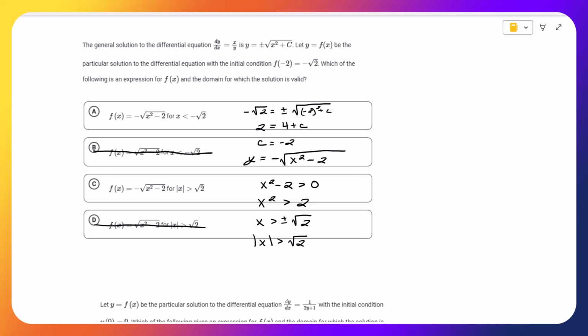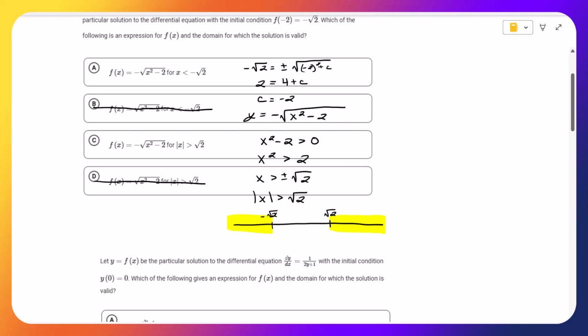However, if I draw that on a number line, we have negative square root of 2, positive square root of 2. That makes our solutions everything here. I think I'm explaining this a little bit confusingly. But that would make our solution everywhere here.